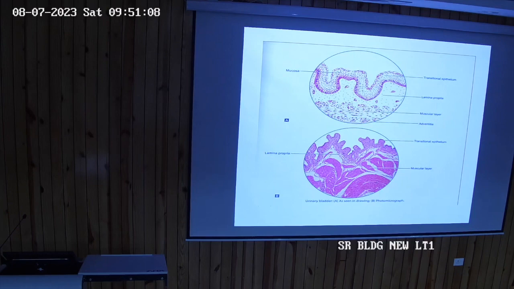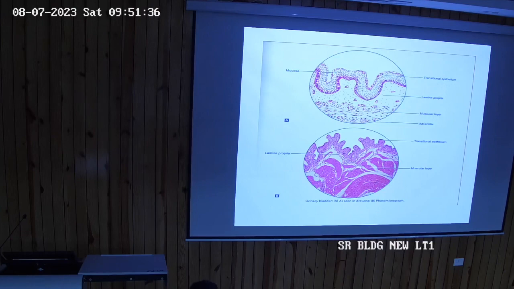Another thing: when someone becomes a surgeon and does surgery of the GIT, with the naked eye, how do you differentiate this is the large intestine and this is the small intestine? The differentiating points, you will notice when you dissect.